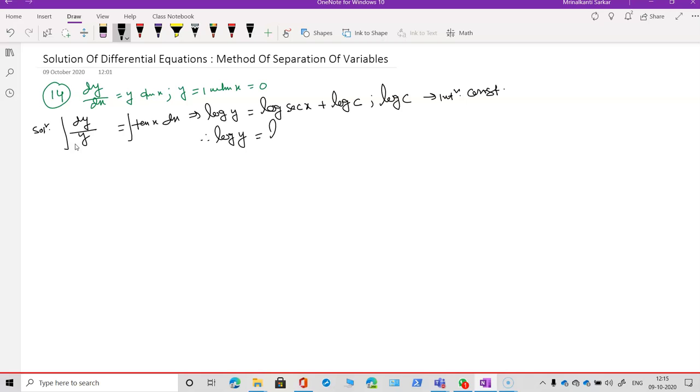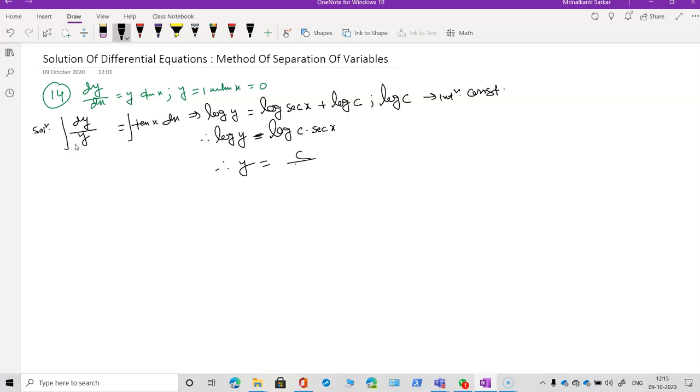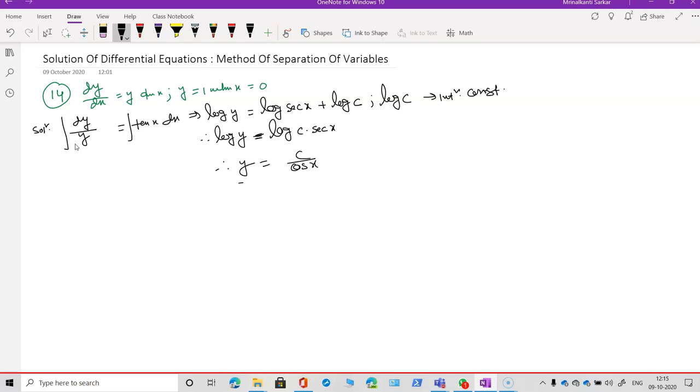So log y equal to log c into sec x. Therefore, y equal to c divided by cos x.